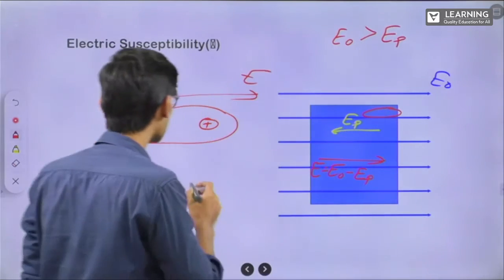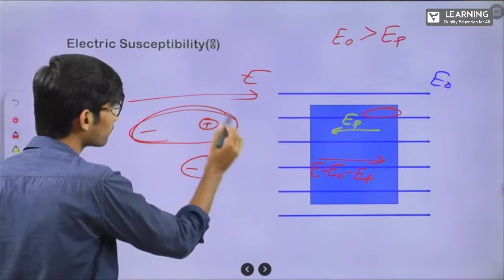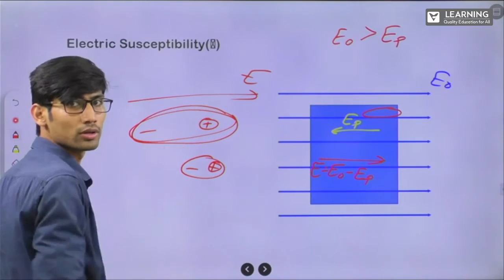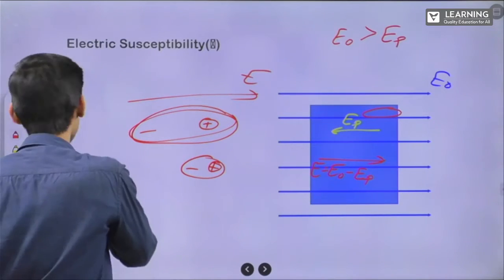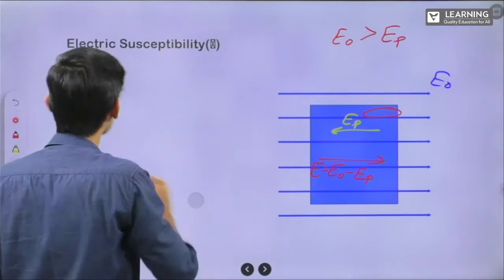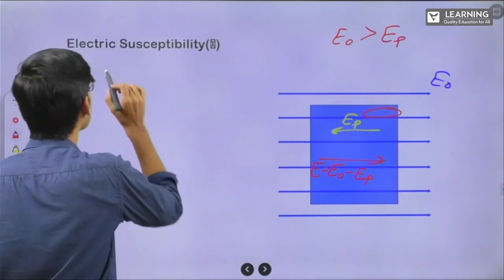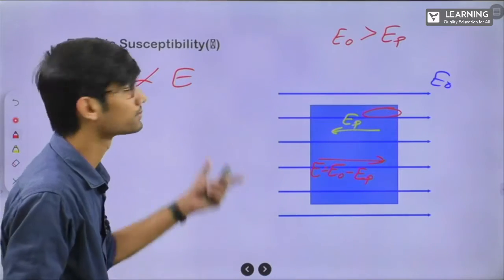If the electric field is not strong, it will not move as much. The distance will be more, the dipole moment will be more, the polarization will be more. That means polarization is directly proportional to the electric field.